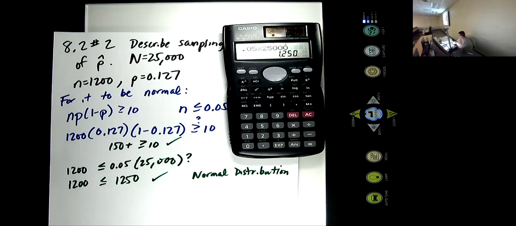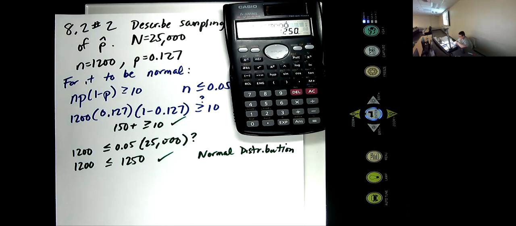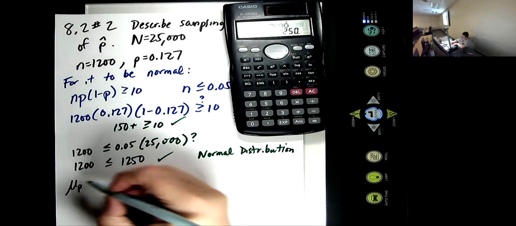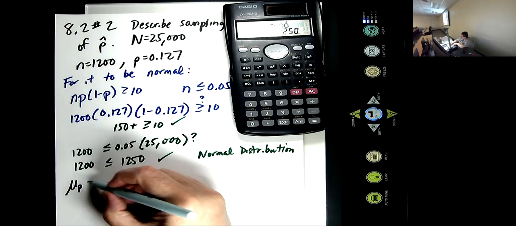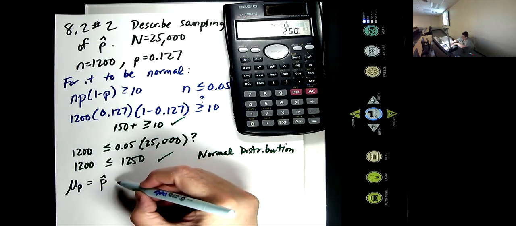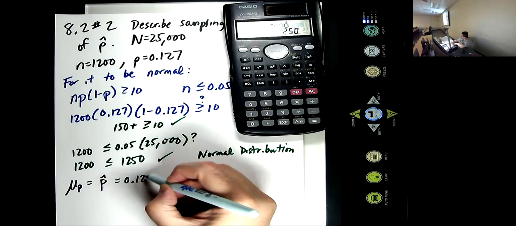So let's find, since it follows a normal distribution, we've got a mean and we've got a standard deviation. The mean is just p hat, so that is 0.127 here.